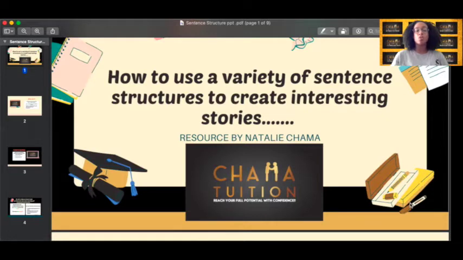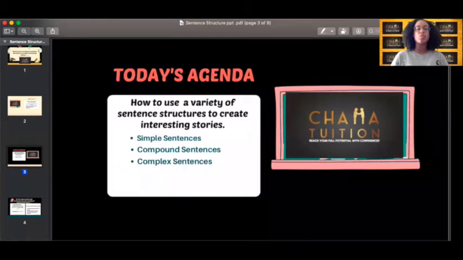I'm going to go through how a variety of sentence structures can really help enrich your teenager's writing. So we're really focusing on how to use a variety of sentence structures. So we're looking at simple sentences, compound sentences, and complex sentences.